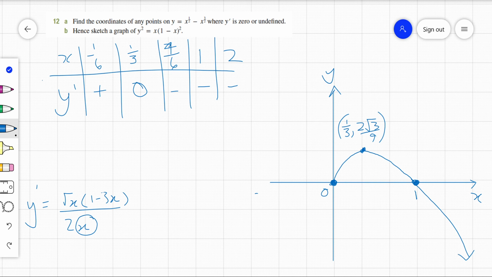Let's just check that. Anyway, that's all we really need to know to sketch it, because I need the plus and minus version, so I need to also put this version in.